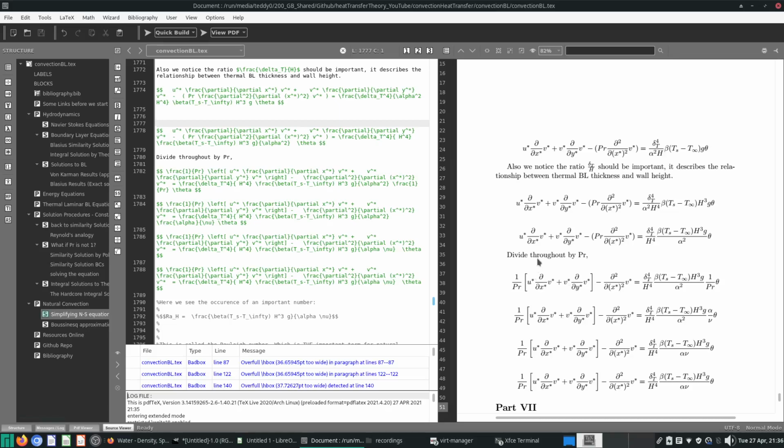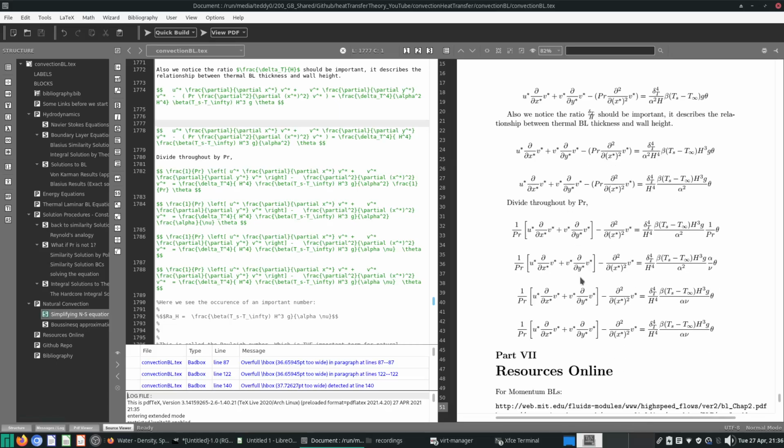So we'll divide throughout by the Prandtl number because we never ignore the viscous forces. This is like the baseline, the benchmark, the term that must always be there. At least for laminar flow, this thing is always there. So we divide throughout by the Prandtl number. So this Prandtl number is gone. We'll have 1 over Prandtl number on this side always.